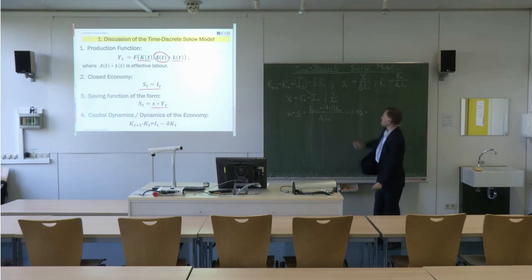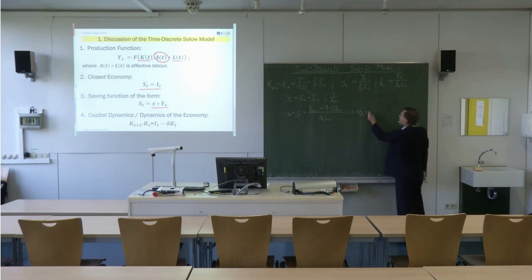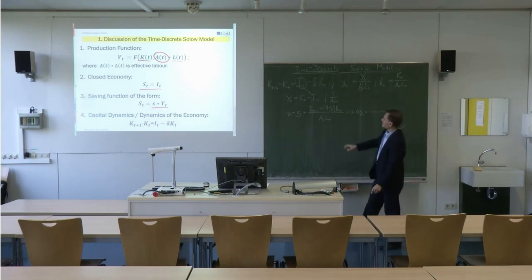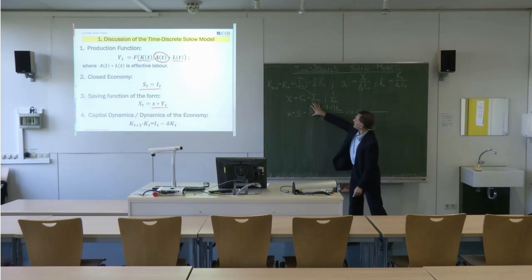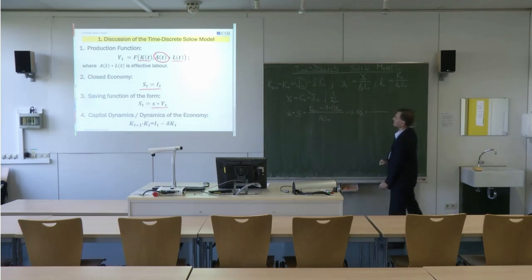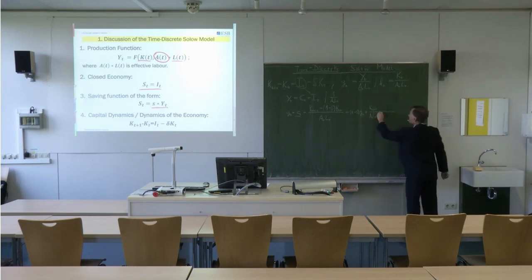I simplify now the second part. So what I will do here, first of all, I split it up in 2 parts. You see, that is one part minus the second part. So we have K_{t+1} divided by A_t times L_t. So I keep some space here.